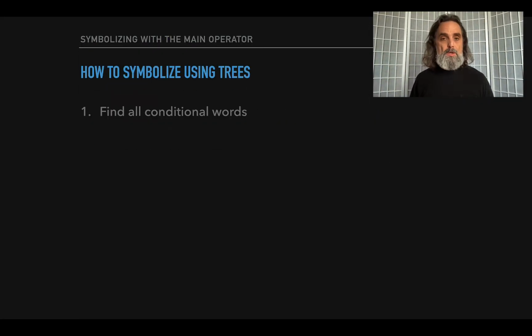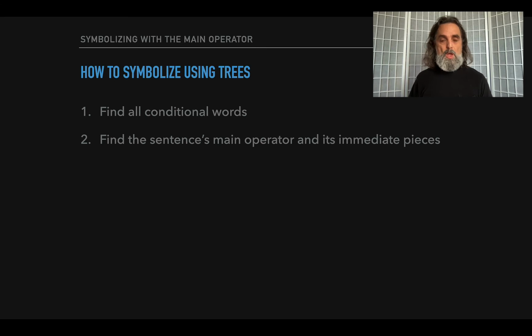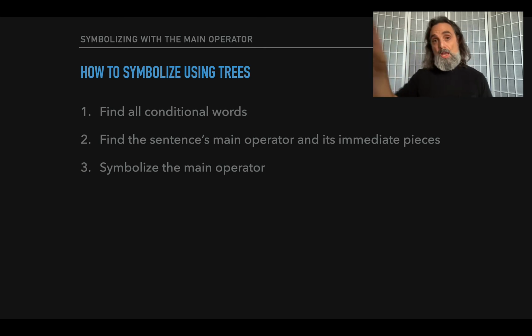So how do we do this? We find all the conditional words, we find the sentence's main operator and its immediate pieces, we symbolize the main operator, so that means we turn that piece of English into a logical symbol and do not bring it down, we leave it up at the top in the box wherever it belongs.